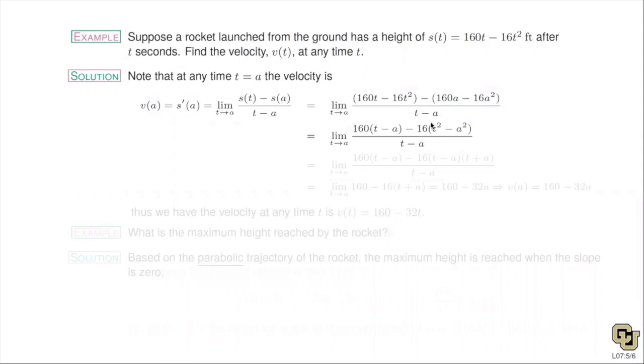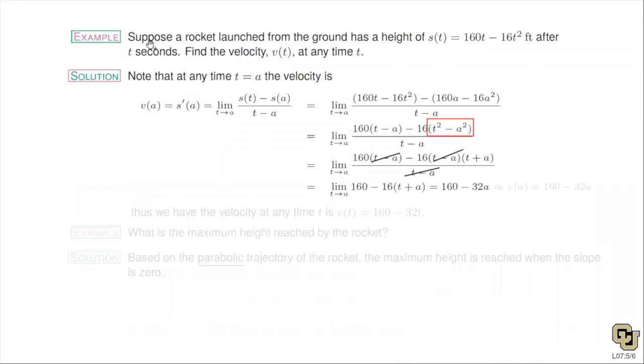Then I noticed t squared minus a squared I can factor as t minus a times t plus a. So I did that. And now we can cancel. There's this common term, t minus a, and t minus a in the denominator. You can factor and cancel, so we're left with this expression.